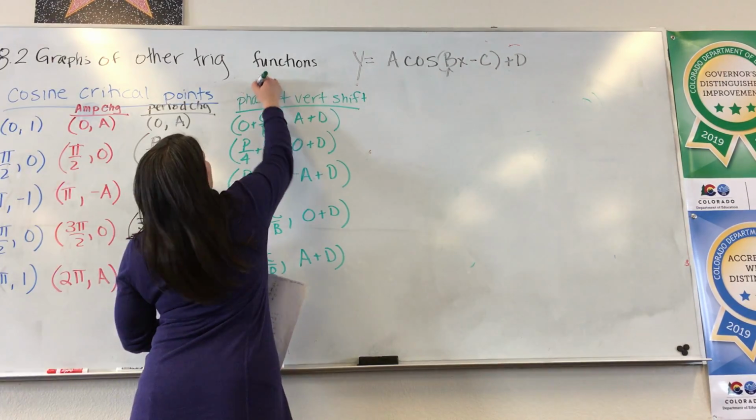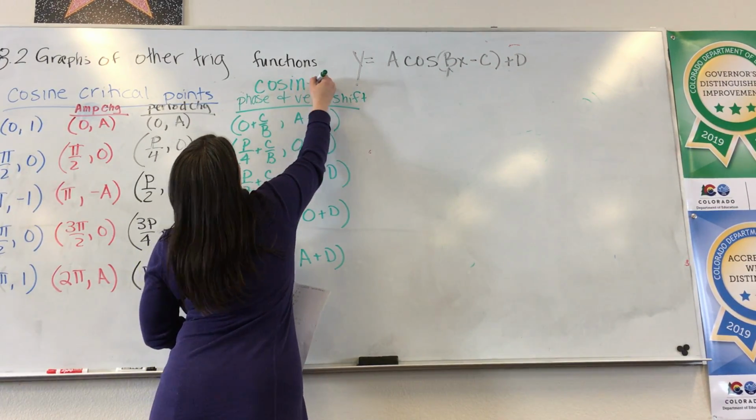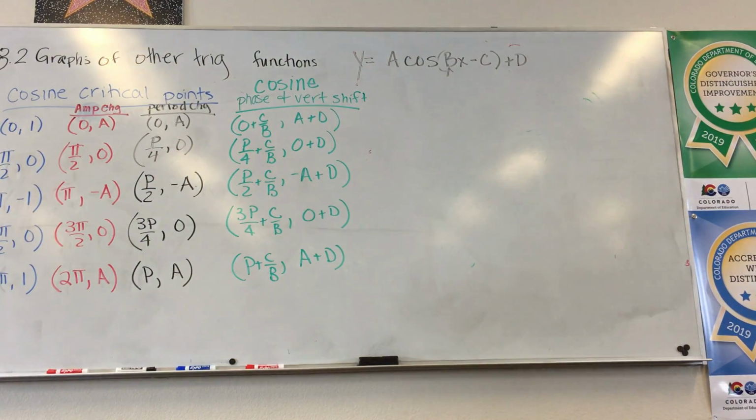Make sure you have them labeled in your notes that these are for cosine and the previous ones were for sine, because they are not the same.